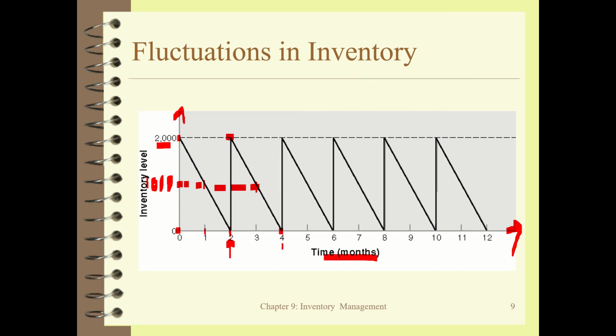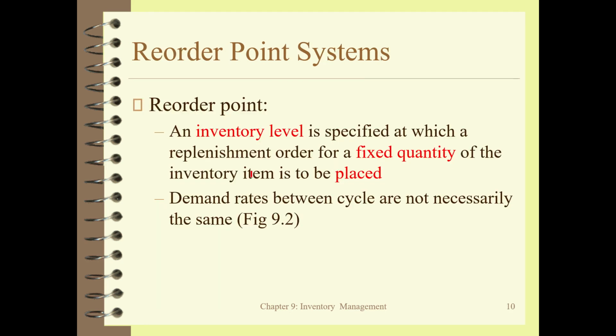And then again, we place an order here, and it comes to 2,000 again. So this is the picture to show the inventory level with respect to time.